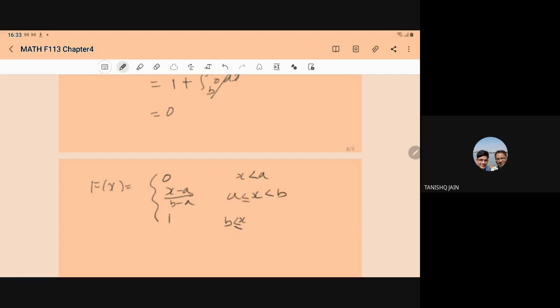So here also you can see we have started from 0, terminate at 1, means it ranges from 0 to 1 for x from minus infinity to infinity, and on the left inequality we write the sign of is equal to.